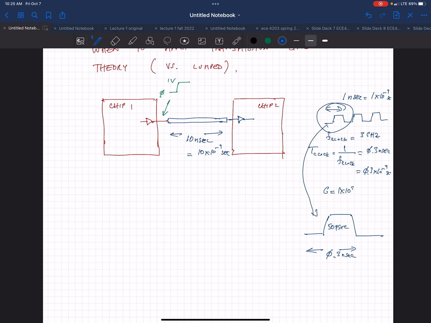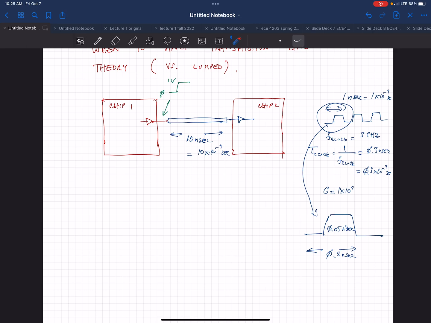picoseconds, which is 0.05 nanosecond. Let me keep it in terms of nanoseconds. 0.05 nanoseconds. So it took 0.05 nanoseconds for the rise time of this thing, and it took 10 nanoseconds for this to cross from one IC to the other one.